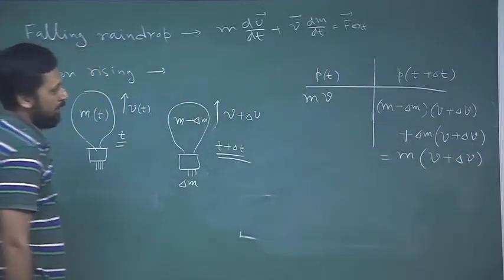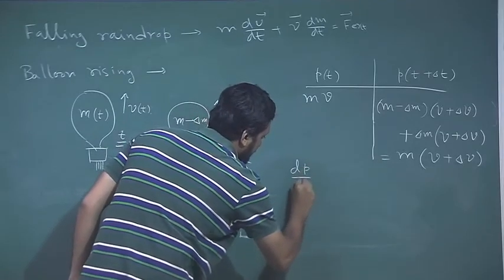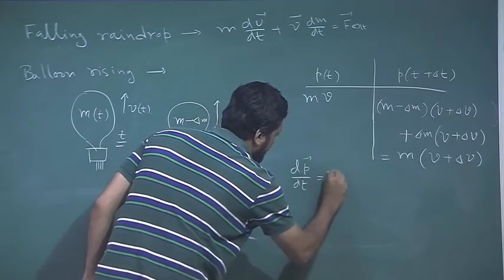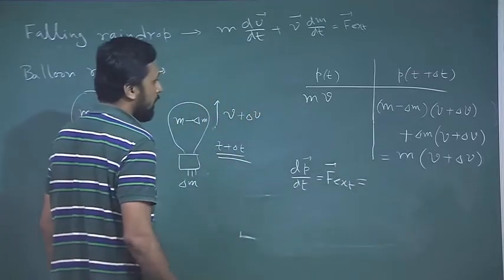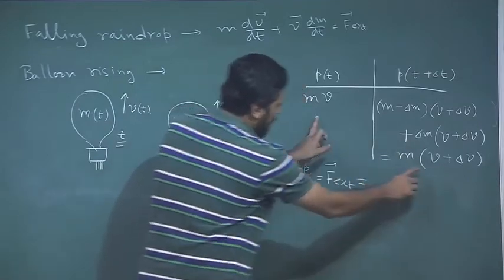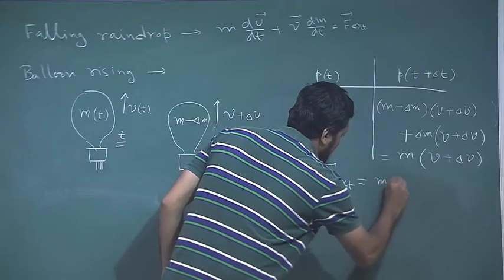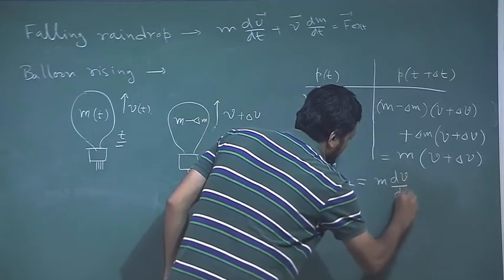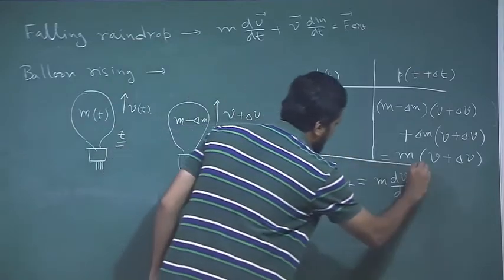That is it. So, if we construct dp dt from here, which will be equal to f external according to Newton's second law, what we will get is the difference between these two divided by time, and if we do that, we simply get m dv dt. So, this is our final equation.